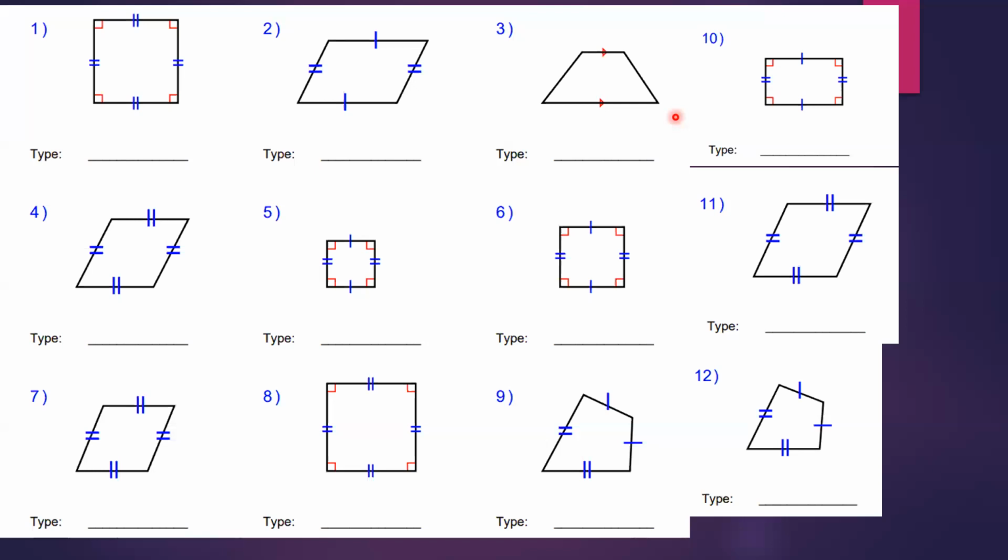I can't hear from Demarion. Again, once you're finished with your work, take a picture of it and send it to me via WhatsApp.